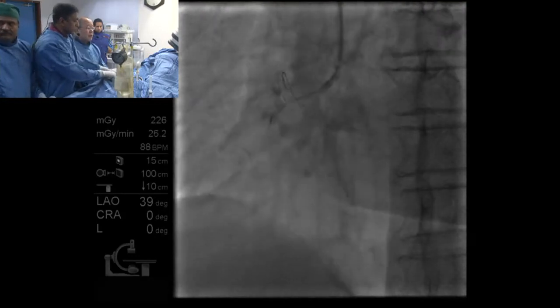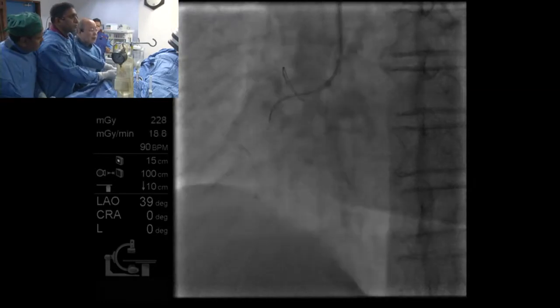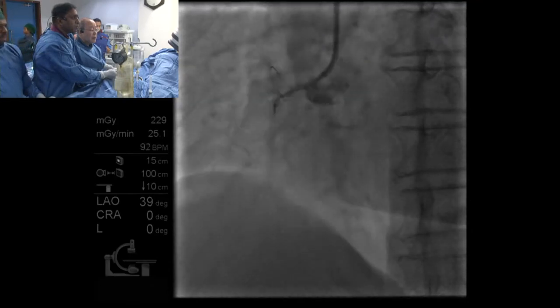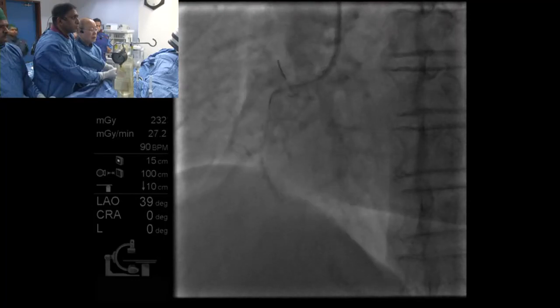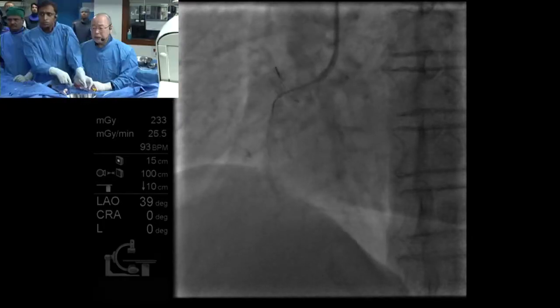Okay, could do it. Then try again. Here you go. Just crossing. Looks very promising, right? No, might be a subintima.